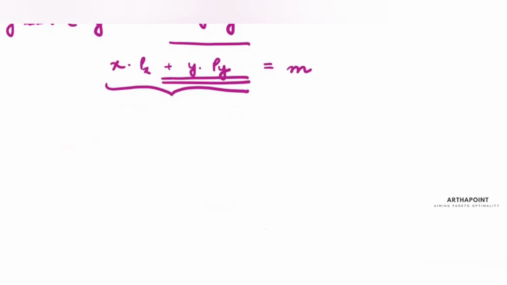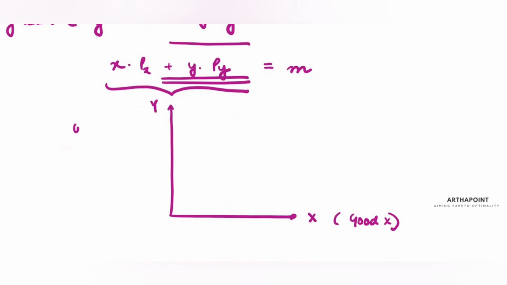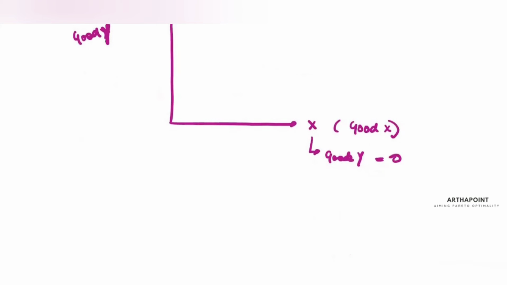I can also plot my budget line simply. So when I talk about good X, here on the x-axis I'm taking good X, and on the y-axis I'm taking good Y. When I talk about the x-axis, my consumption of good Y is 0. I'm only consuming good X. So how do I find the intercept on the x-axis?